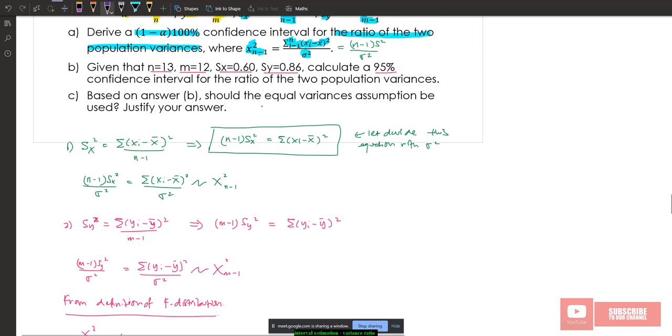For C, based on answer B, should the equal variance assumption be used? Justify your answer.